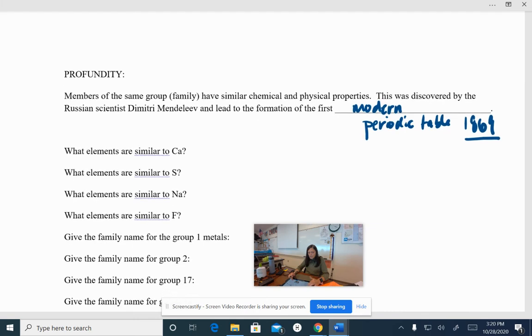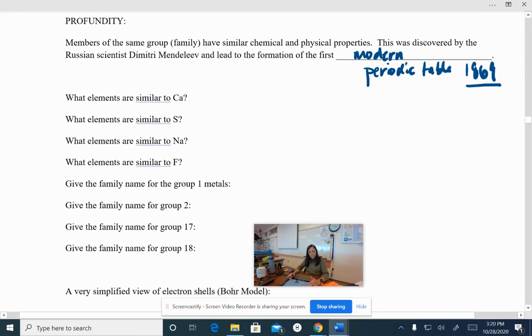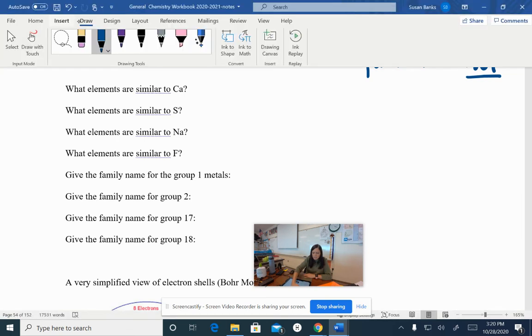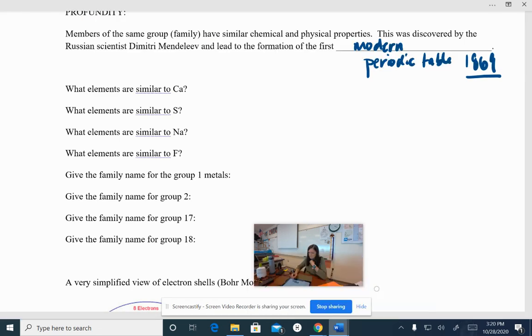Okay, so let's go on. What elements would you feel would be similar to calcium? If I said that things in the same column, meaning the same valence structure, would be similar to calcium, we just need to find where calcium is and list the elements in that column. So let's find where calcium is.